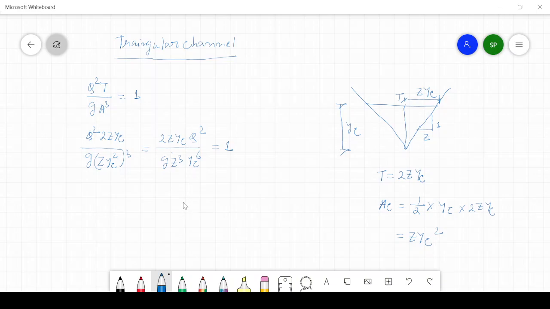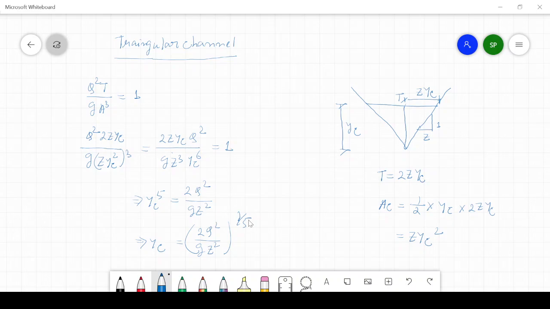So yc cancel out, yc to the power 5 is equal to 2 Q square divided by g z square. So yc is equal to what? 2Q square by g z square whole to the power 1 by 5. So this is the expression for yc.